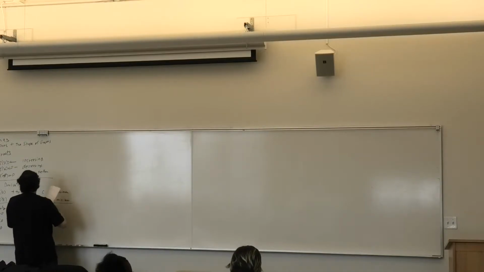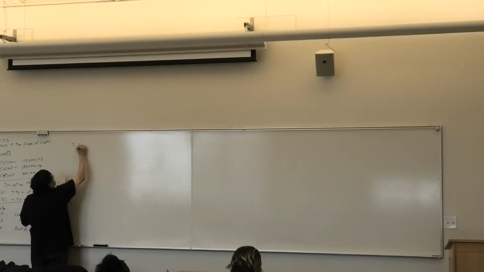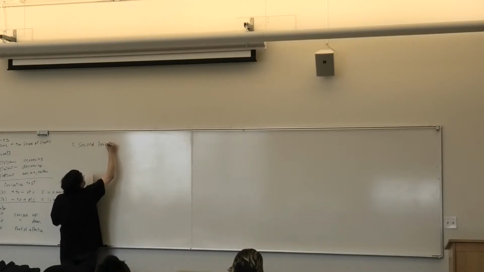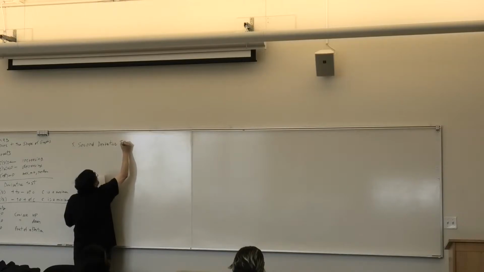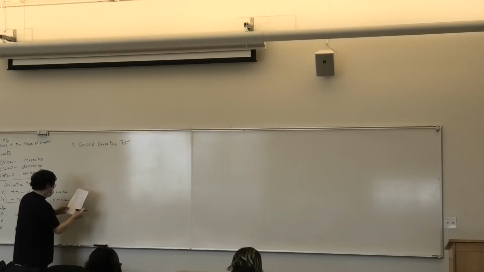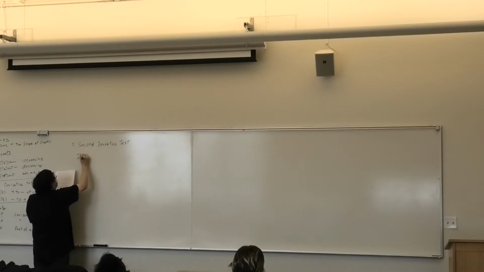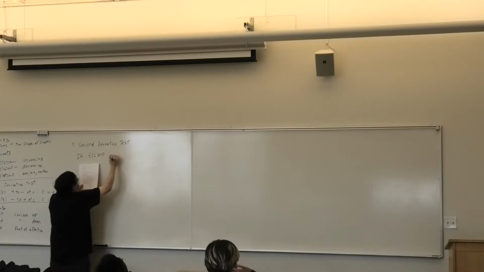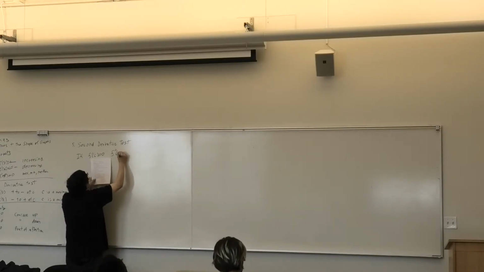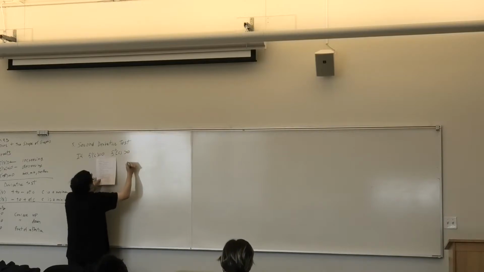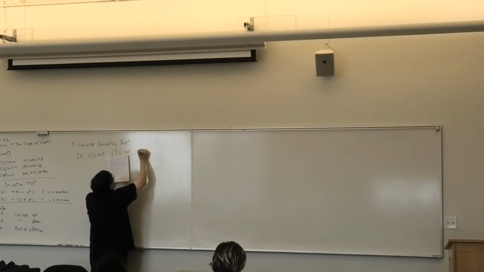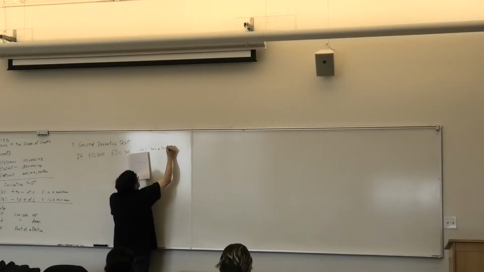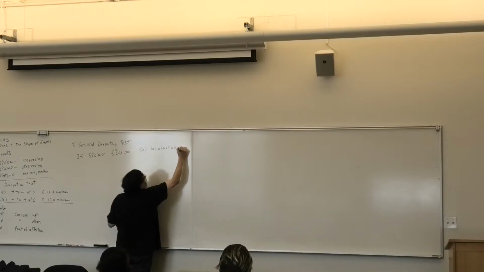Okay, and then finally we have the second derivative test. It says what? If the first derivative at some point c is 0, and the second derivative at that point is greater than 0, then f of x has a local min at c.